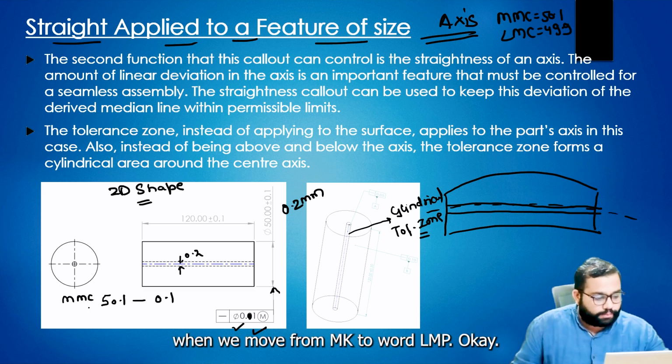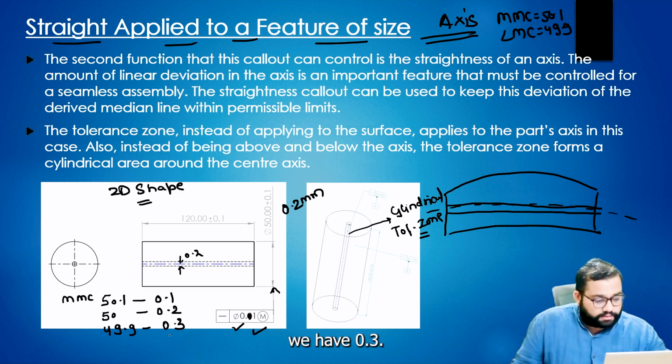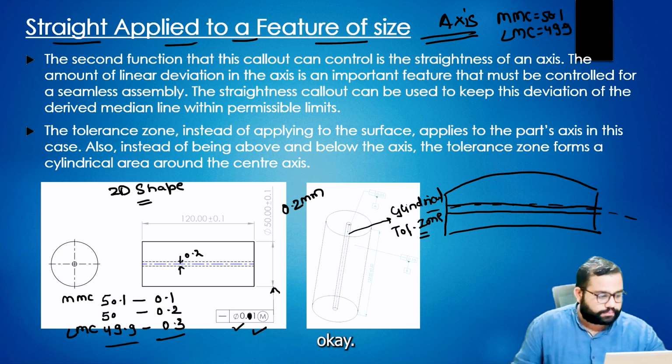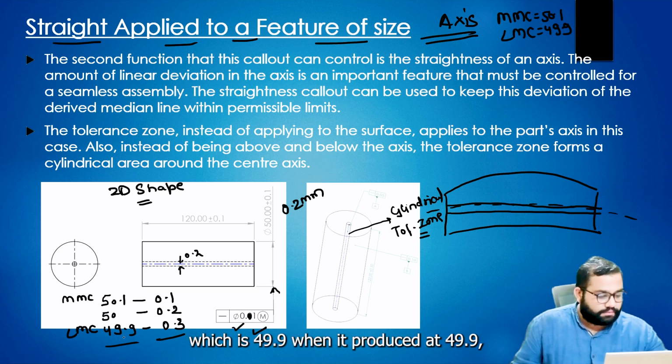When we move from MMC towards LMC, let's say when it is 50, we have 0.2, and when we have 49.9, we have 0.3 mm of tolerance. So as we move from MMC towards LMC, we get more tolerance zone. The worst case possibility to manufacture the shaft is at LMC, which is 49.9. When it is produced at 49.9, the geometric tolerance will be 0.3 mm.